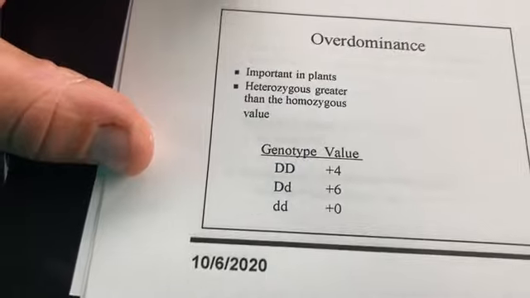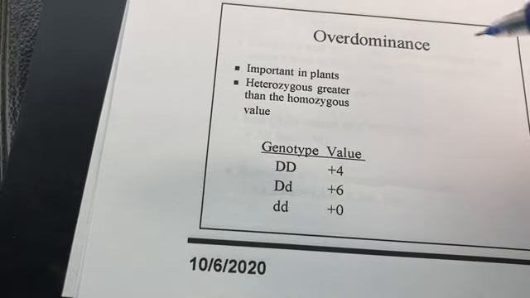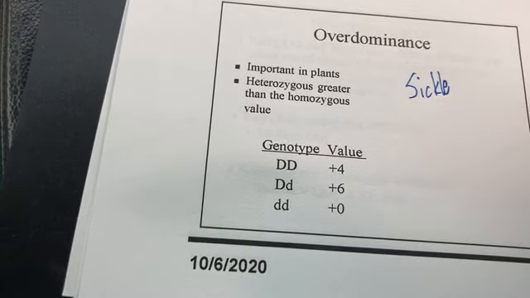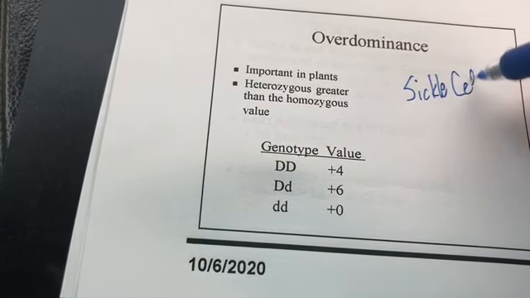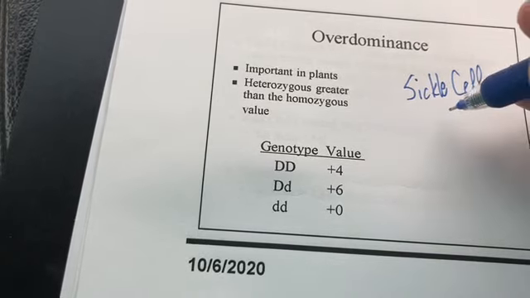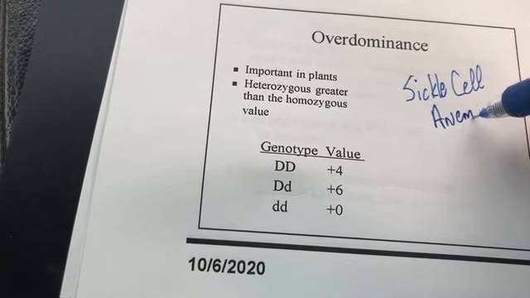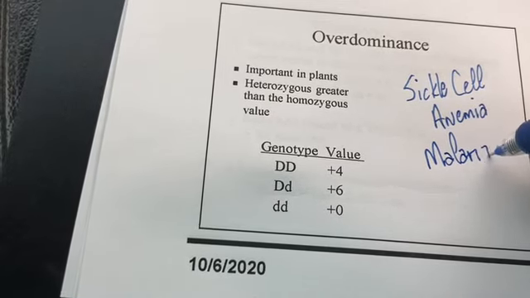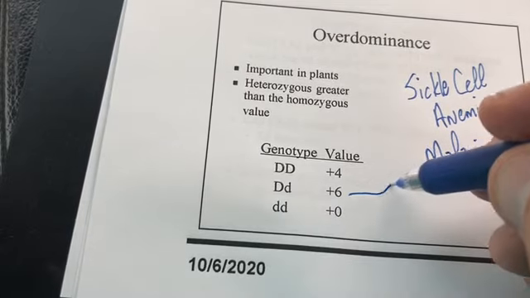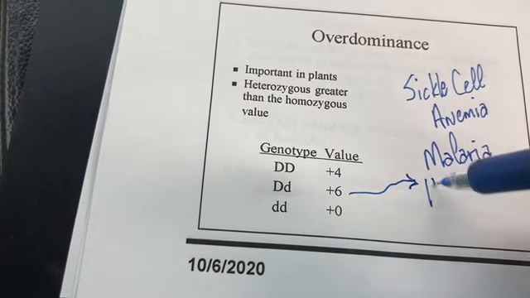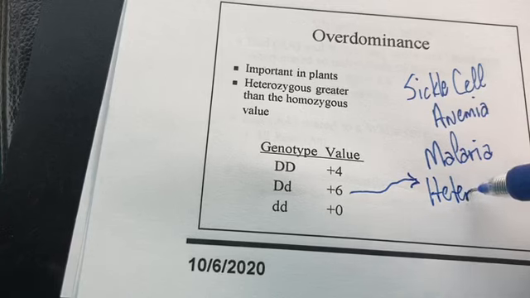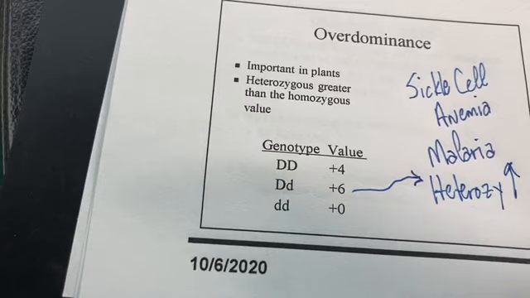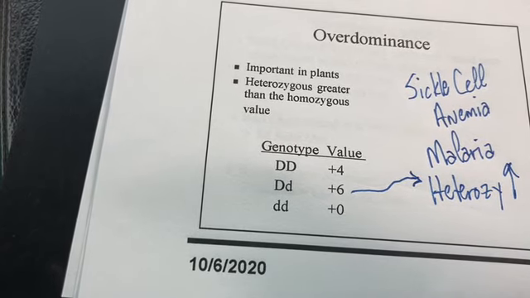Now, overdominance, and I'd popped the pics off of this before, but we ran into the one that I had an example of, and you couldn't see it really well when I printed, but with sickle cell anemia. And so with sickle cell anemia, it was perfect for dealing with malaria, mosquitoes, malaria, etc. And so the heterozygote was greater than the combination or the average of the parents, okay?